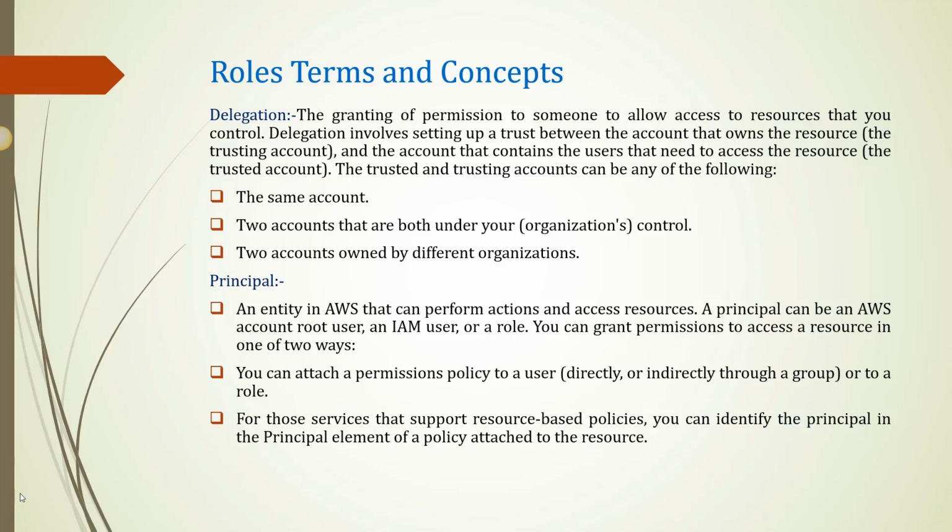First, you can attach a permission policy to a user directly or indirectly through the group, or to a role. And second, for those services that support resource-based policy, you can identify the principal in the principal element of a policy attached to the resource. So we will talk about all the terms and concepts of a role in detail at the time of practical demonstration in the next session.